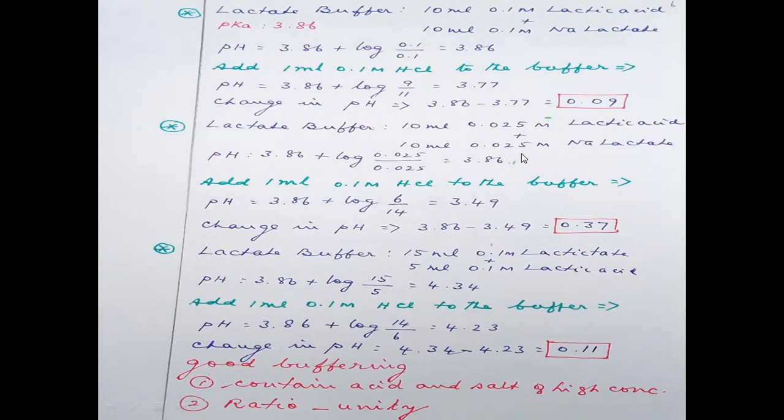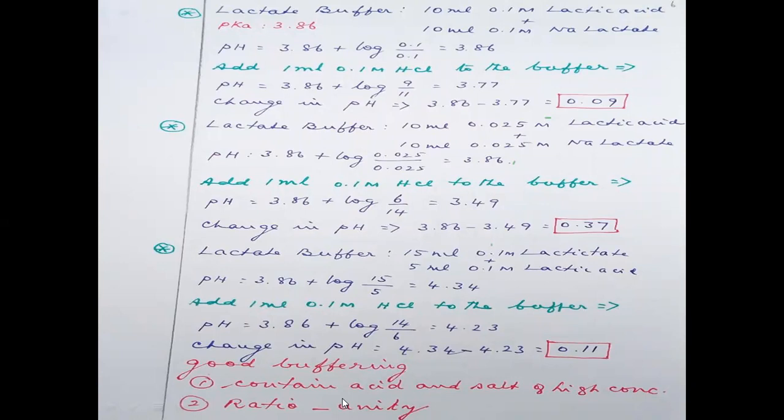That will pull 4 ml from sodium lactate and add the same quantity to the lactic acid. So the equation now becomes 6 by 14: 10 has become 14, and 10 has become 6. So the new pH will be 3.49. The difference between these two is 0.37. Look here, in the previous case the change in pH is just 0.09 unit; in the second case it is 0.37 unit.